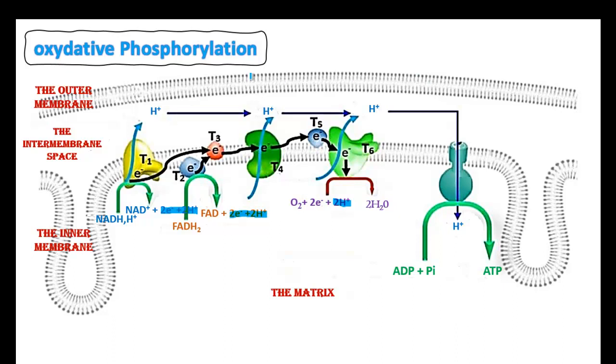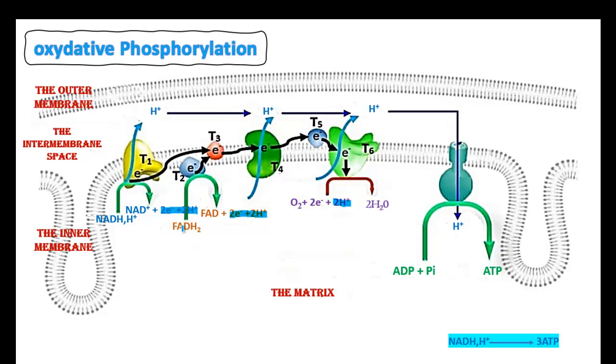So for these 3 protons, we will actually have the production of 3 ATP molecules. In other words, we will take every 1 NADH molecule as the equivalent of 3 molecules of ATP. Now back to FADH2.